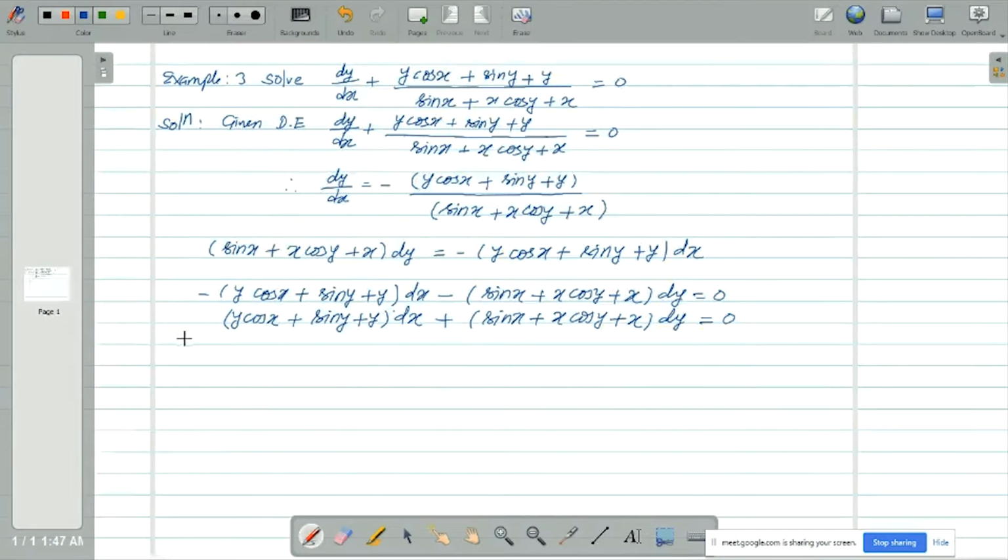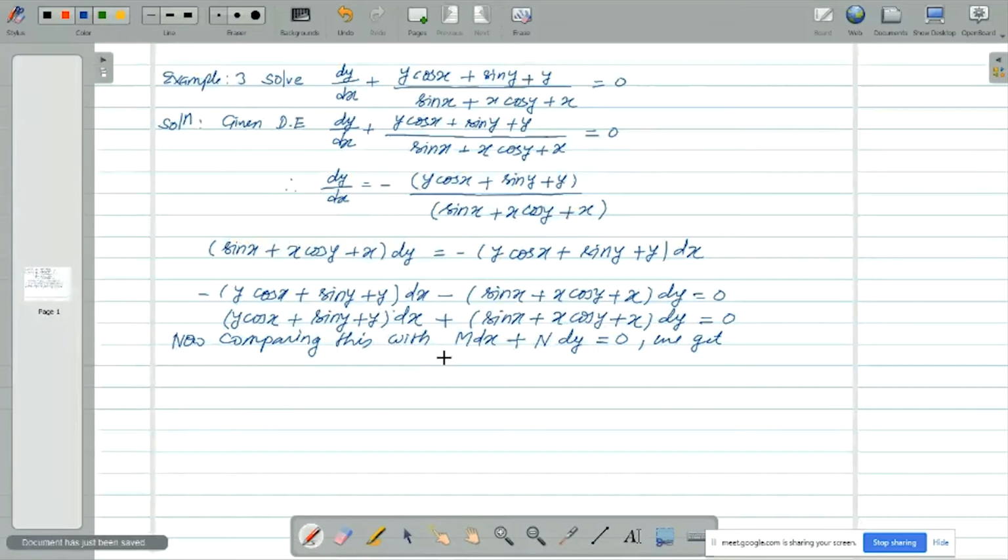Now this is your standard form of the differential equation. Now comparing this with the exact form M dx + N dy = 0, we get, for the first term, M dx, dx equals dx and M equals this part.